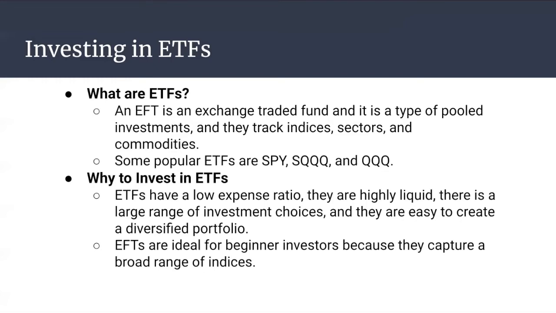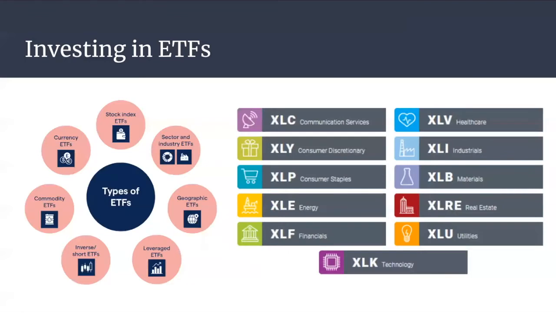Lastly, they make it very easy to have a diversified portfolio. ETFs are very ideal for beginner investors because they are more safe than most other types of investments. These 2 pictures show the different types of ETFs, as well as the different sectors that are available.